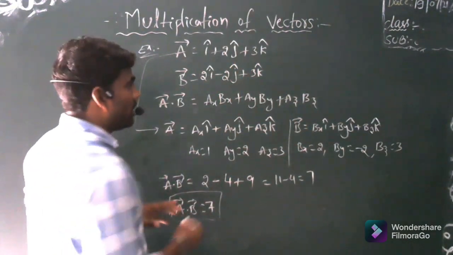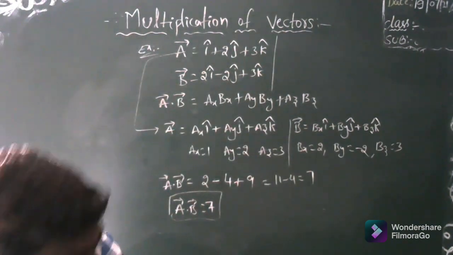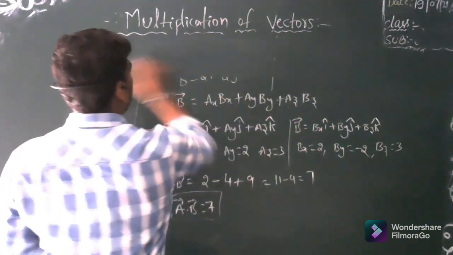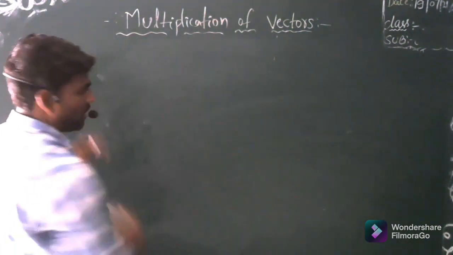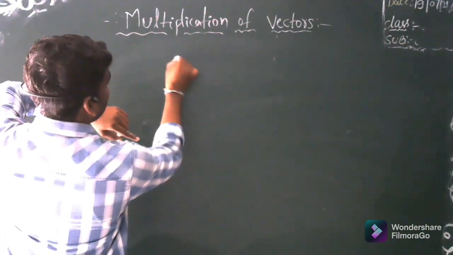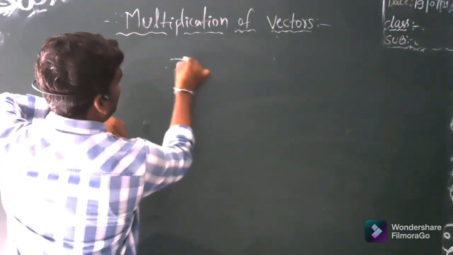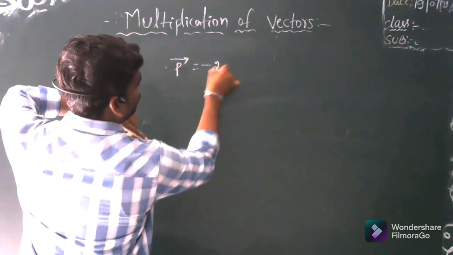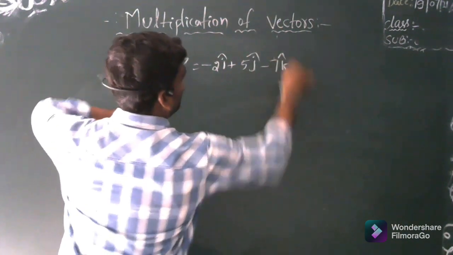Now, as I already said, I will give one example problem to everyone. Try to solve that and post your answer as a comment in the comment section. Right. Note down this problem. Vector P is minus 2 I cap plus 5 j cap minus 7 k cap.